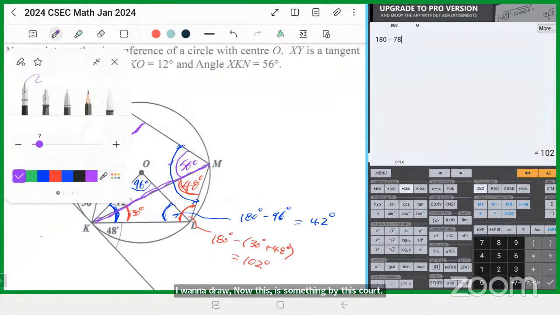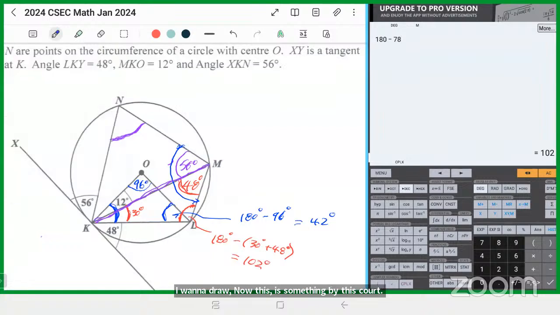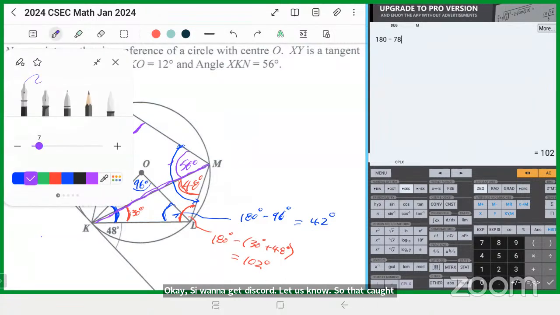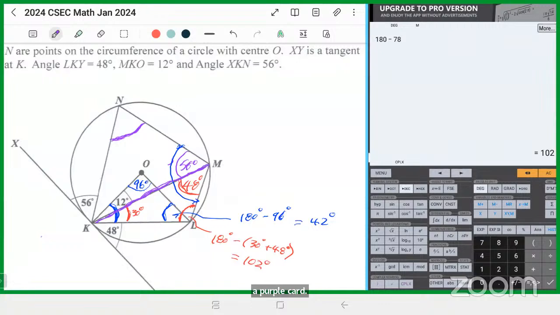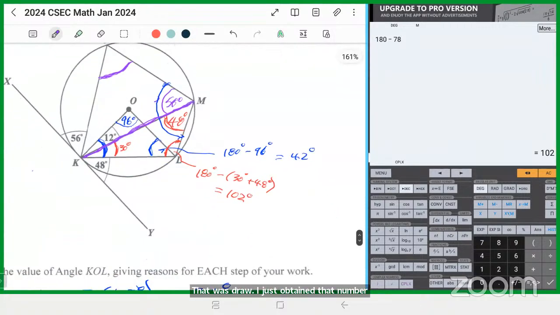That purple chord is subtending that angle, and it is making this angle with this tangent out here.